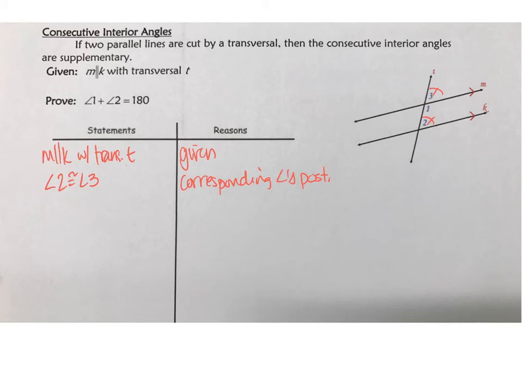Now another property I see, something we haven't used yet, is angle 1 and angle 3 are a linear pair. Remember, LP stands for linear pair, and that's just by definition of linear pair.